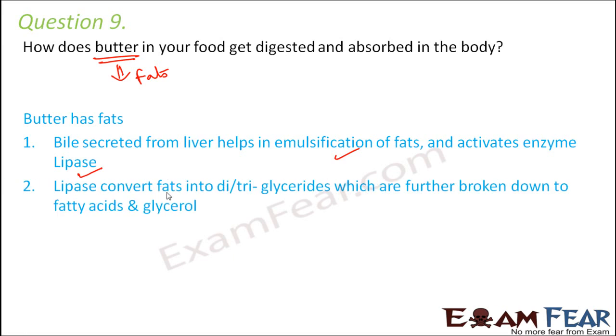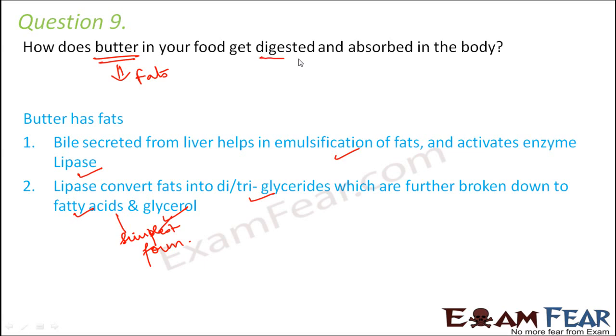And this lipase converts fats into di or triglycerides, which are further broken down to form fatty acids and glycerol. These fatty acids and glycerol are the simplest absorbable form of fats. And this is how they are digested.